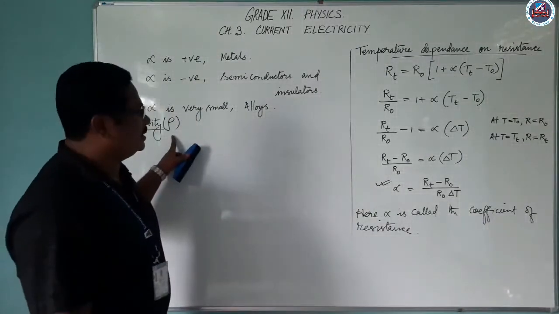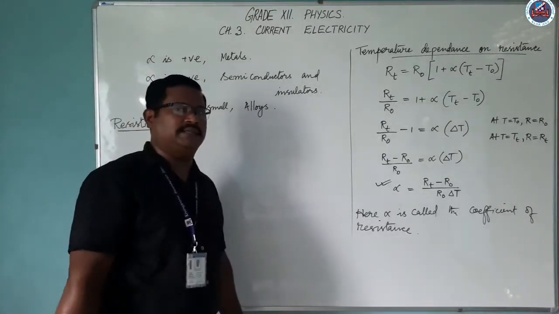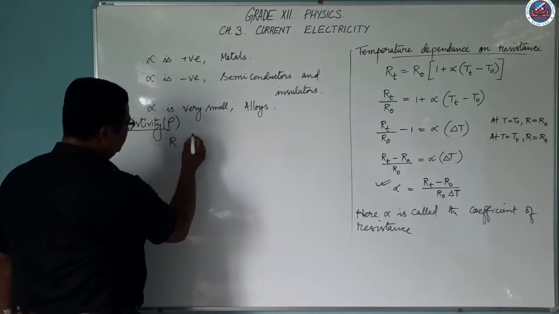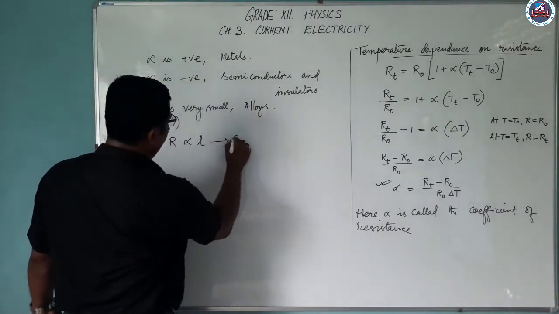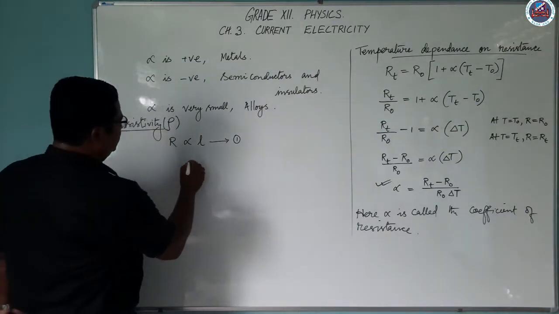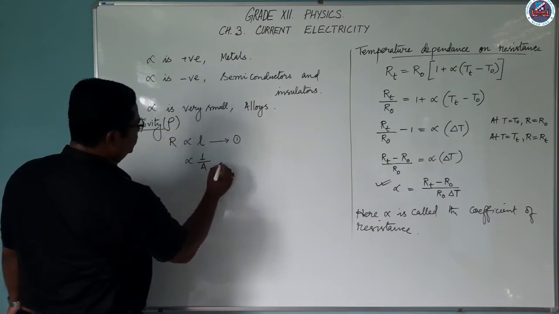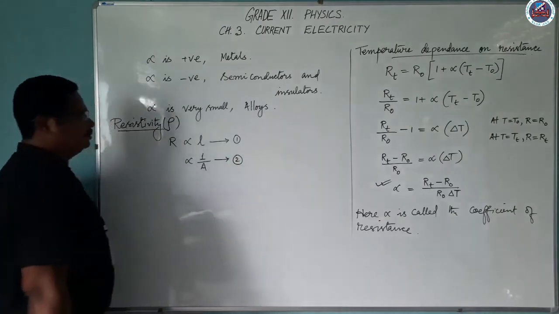Now to get the expression for specific resistance, we'll use the first two factors that we use in resistance. Resistance, we know, is directly proportional to the length of the conductor. Let us make it equation number 1. And also we know that it is inversely proportional to the area of cross section of the conductor. This is 1 by A. Let us take it as equation number 2.